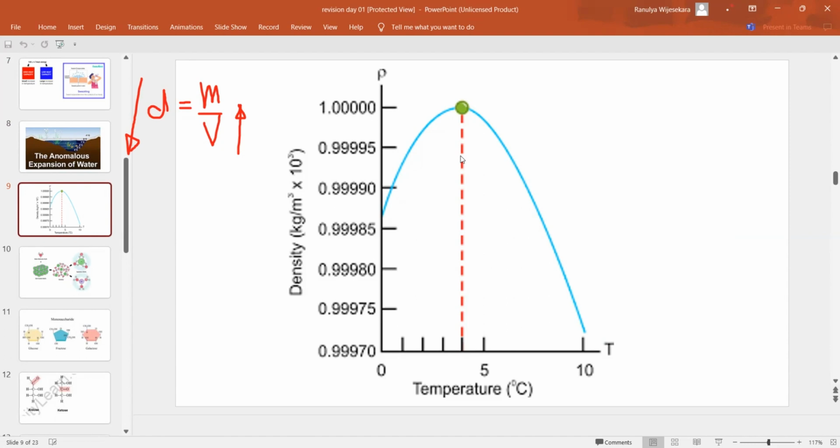When the temperature decreases further, the density decreases. As a result, ice floats on water, right? So aquatic organisms that live in polar regions can survive during the winter because of this reason. හරිද? Right.